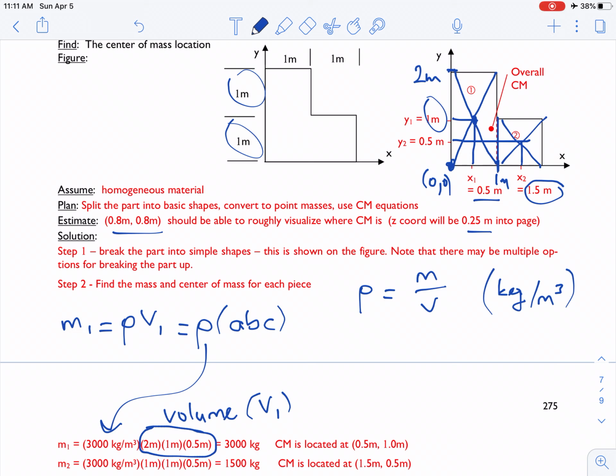So we're multiplying all the lengths. It's 2 by 1 on this plane, but there's also thickness, which is 0.5, and we are adding that too.